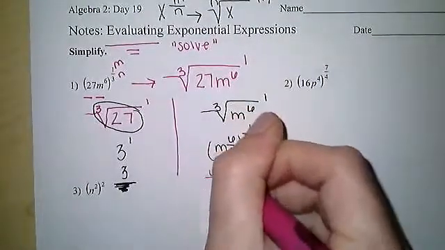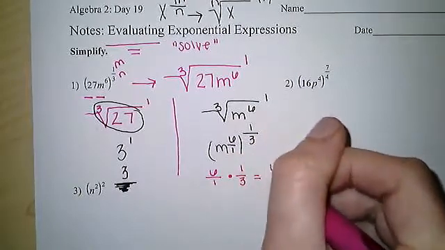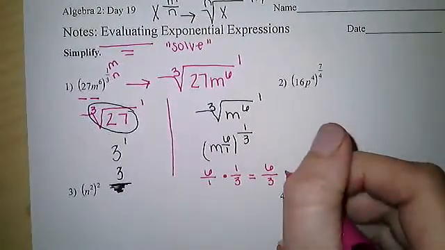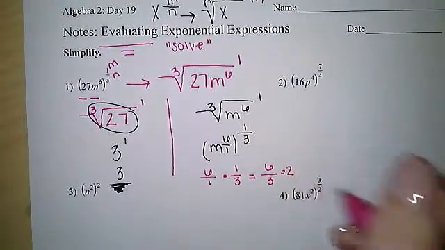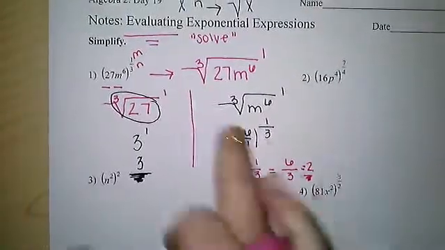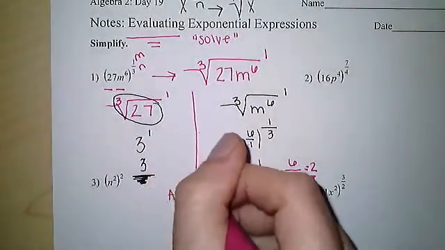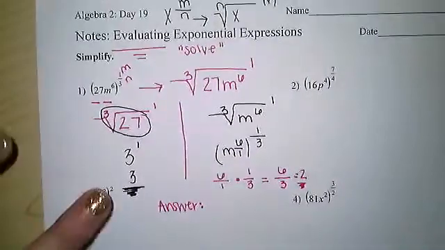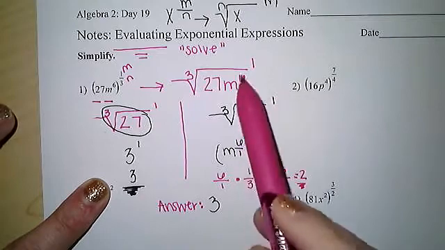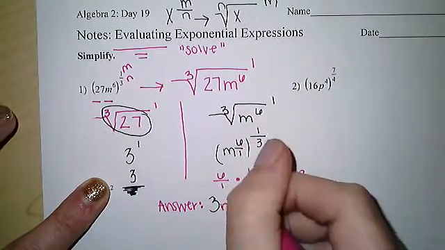So I have 6 over 1 times 1 over 3, which is 6 over 3 if I multiply straight across, which reduces to 2. So that is my new exponent for m. So when I go to write my final answer, I'll take the 3 as my number, I'll take my variable m and my exponent of 2.